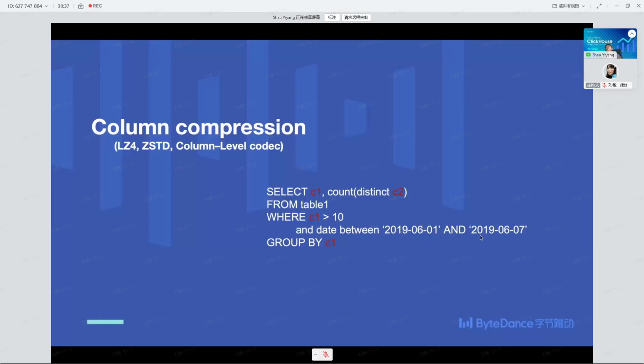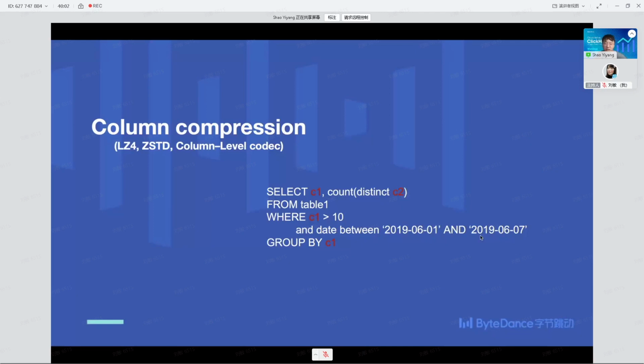And because of this column-oriented storage, ClickHouse can do even further optimization. We can achieve a better data compression rate, so the data sitting on the disk becomes smaller. Because of this, when you read it, the data read also becomes smaller.